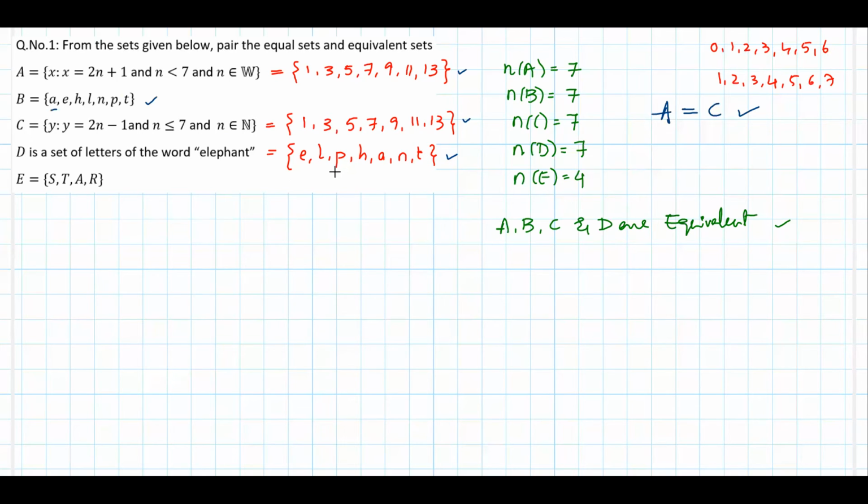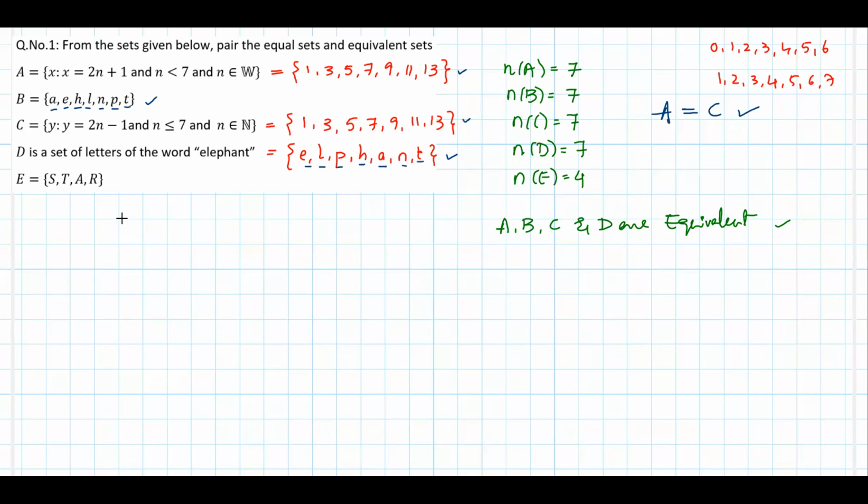A is present in B. Here also we have A, and then E, H, L, N, P, T in both. All right. So all the elements present in set B are there in D, and all the elements present in D are there in B, right? But the locations are jumbled, that's okay.